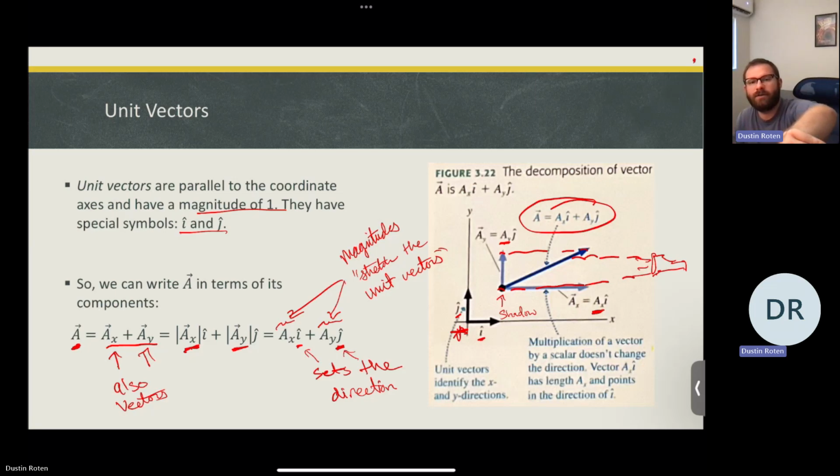So if you're shining a light onto vector A in this direction, AY J hat would just be the shadow that's produced. If you were to shine a light from the top, AX I hat would be the shadow as well, for essentially what's going to happen on the x-axis and what's going to happen on the y-axis.